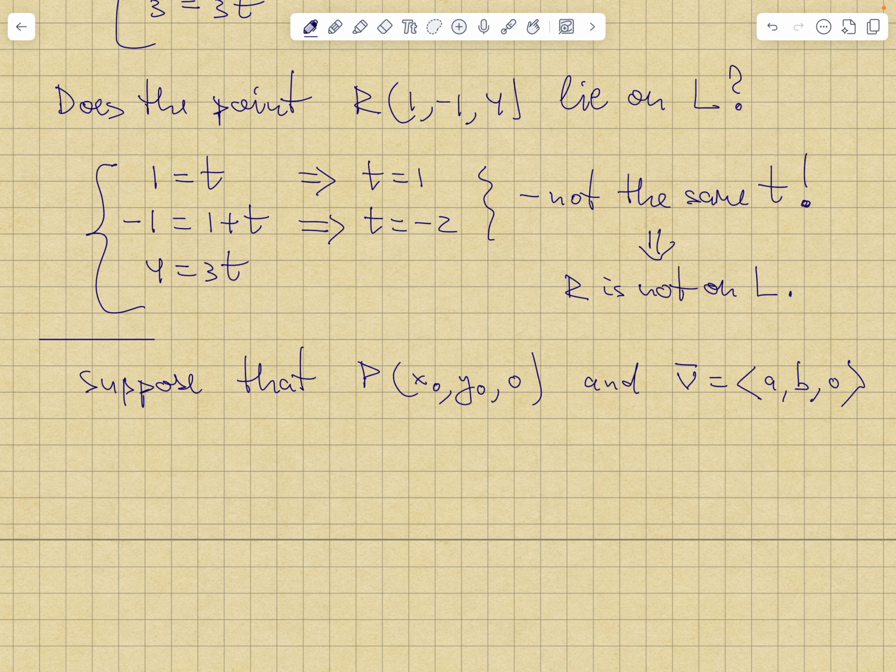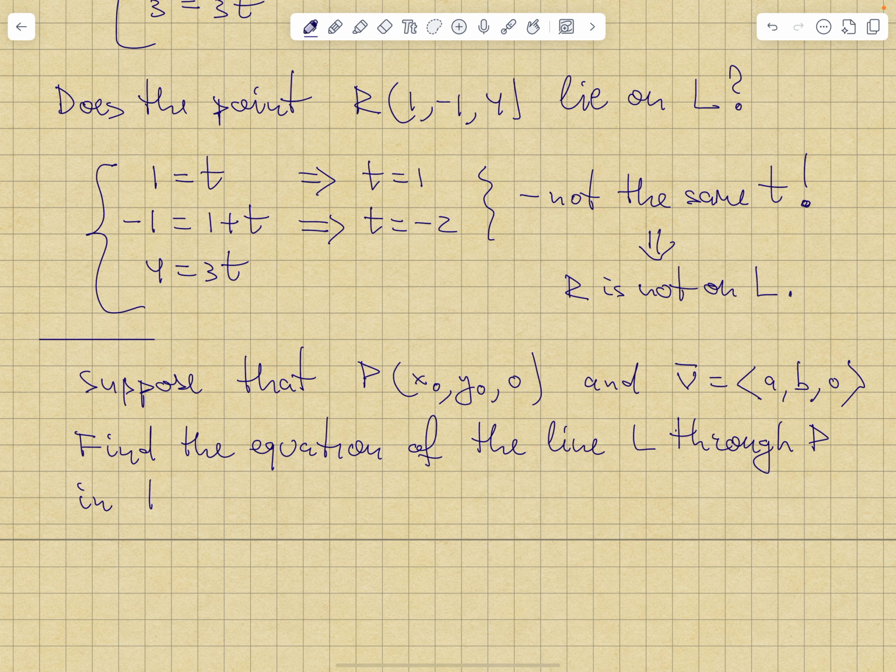Again, if I want to find the equation of the line L through P in the direction of V, because both P and V lie in the xy plane, their z components are 0, then L lies on the xy plane. In other words, this is a line in 2D.